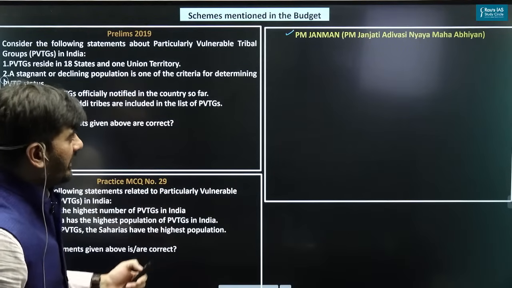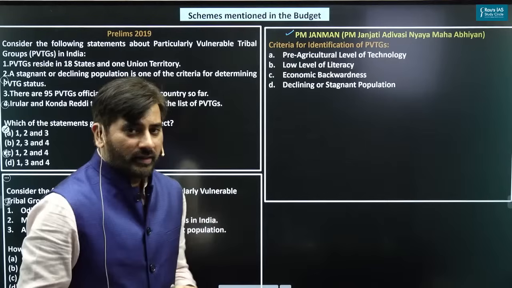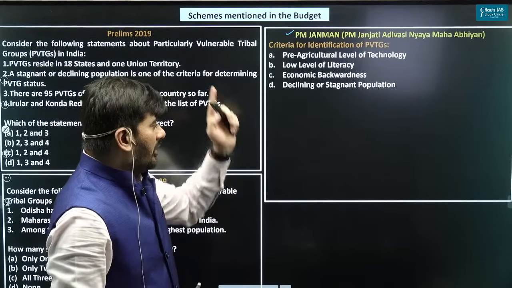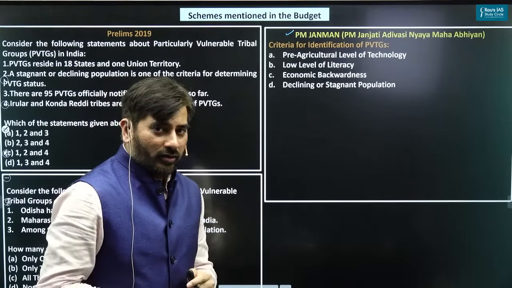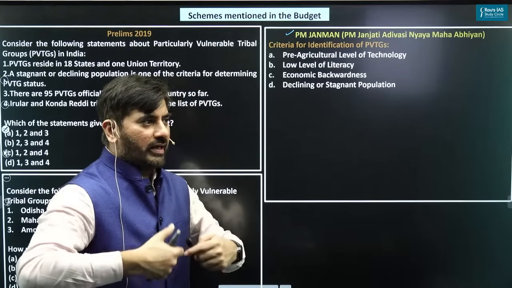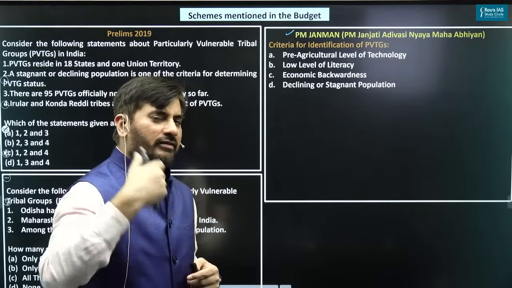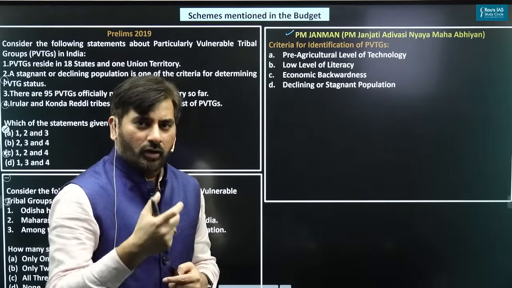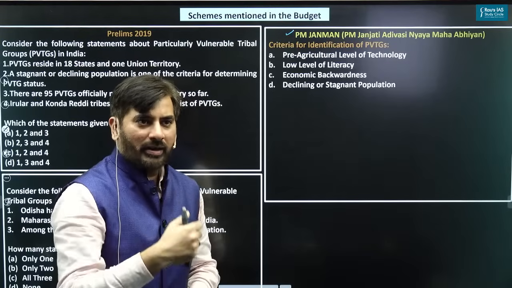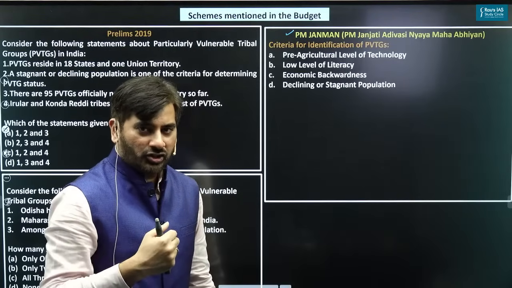What is the criteria for identifying PVTGs? Please have a look at the criteria. Pre-agriculture level of technology, which means the tools and technology which they use in their day-to-day life is very old. Low level of literacy, economic backwardness, and declining or stagnant population.